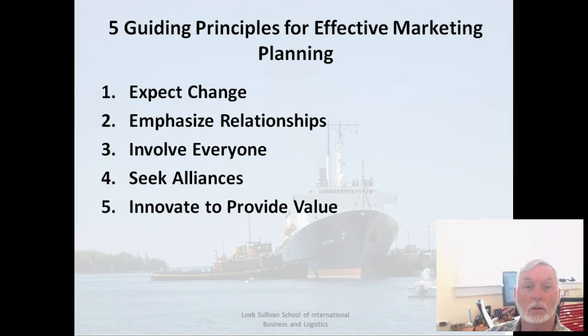And then innovation, figuring out new ways to do things, whether it's a new product or a new way to deliver the product or a new way to service the product or any of those things. If you can find innovation that adds value, you're going to be successful. So that wraps up part 2 of chapter 1.